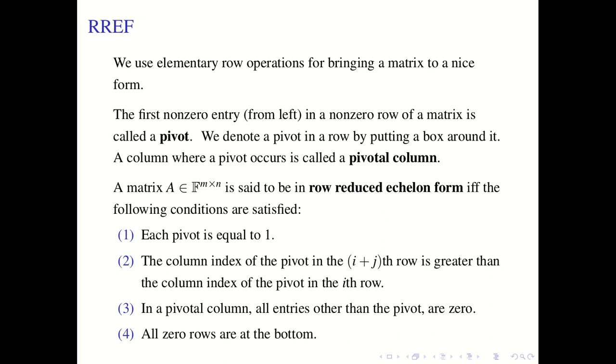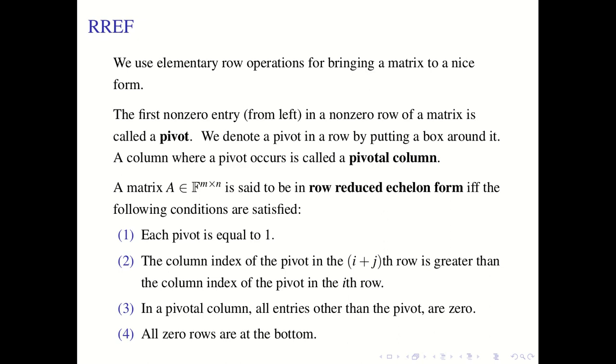The column index of the pivot in the (i+j)th row is greater than the column index of the pivot in the ith row, and this is true for each j bigger than or equal to 1. That means the column index of the pivot in the (i+1)th row is greater than the column index of the pivot in the ith row.